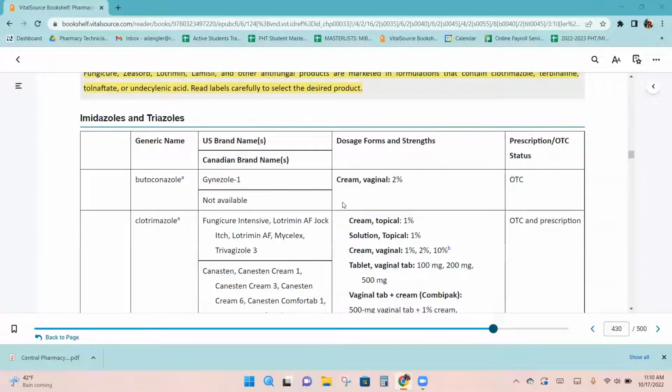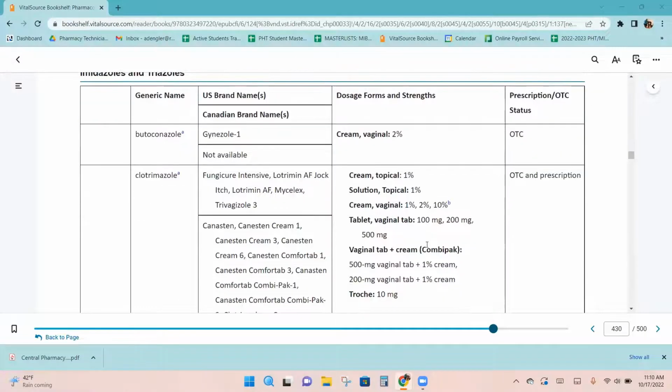We have a chart here with the different dosage forms and strengths for the imidazoles and triazoles. So butoconazole, the brand name is Gynazole 1, and it's available as a vaginal cream. Clotrimazole, we have all of these different brand names, and then we have all of these different dosage forms and strengths.